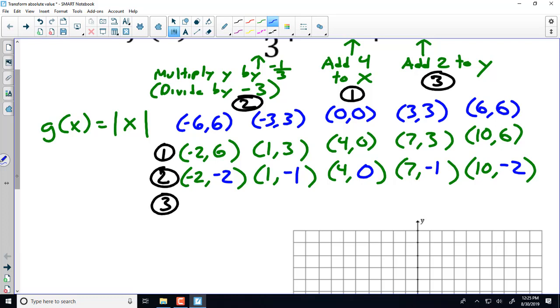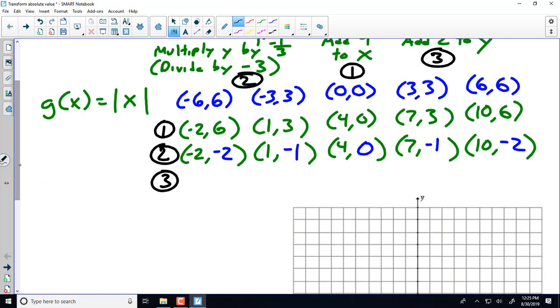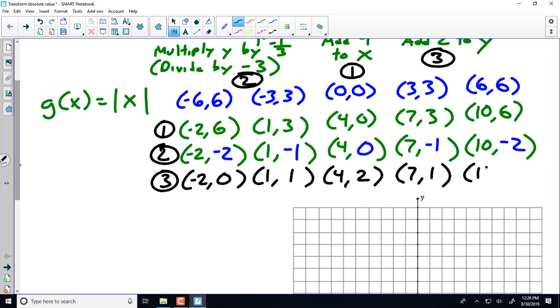There's not a lot of examples where we have to do that, but it made this problem easier. All right, finally, we're going to add 2 to all the y values. All right, let's see what we got here: (-2, 0), (1, 1), (4, 2), (7, 1), (10, 0).